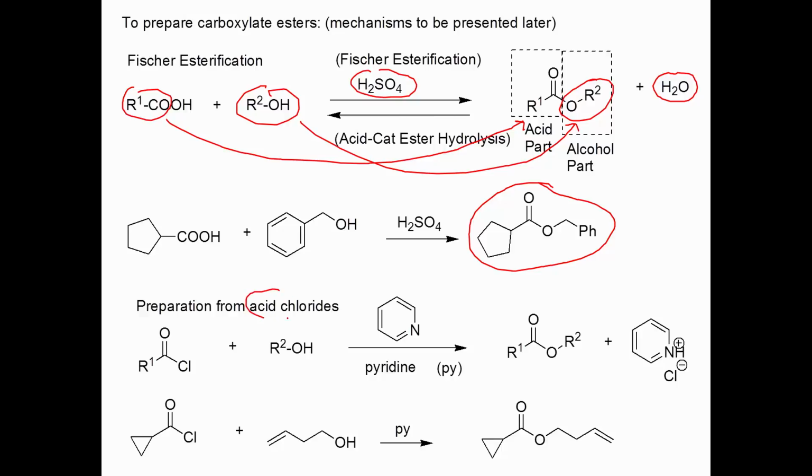and you don't want to worry about the reverse reaction, what you would do is prepare it from an acid chloride, a type of compound we've seen before in the Friedel-Crafts acylation back in the aromatic substitution chapter. Okay, so if you take an acid chloride and an alcohol with a little pyridine present, you'll also make an ester, and you'll make as a byproduct the HCl pyridine adduct.